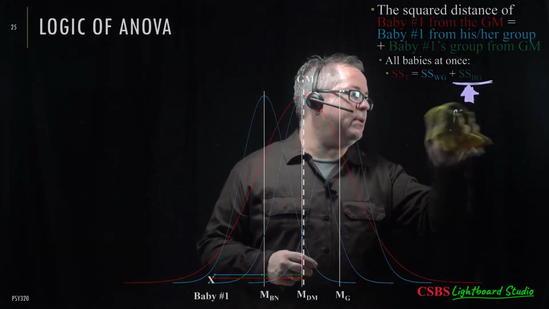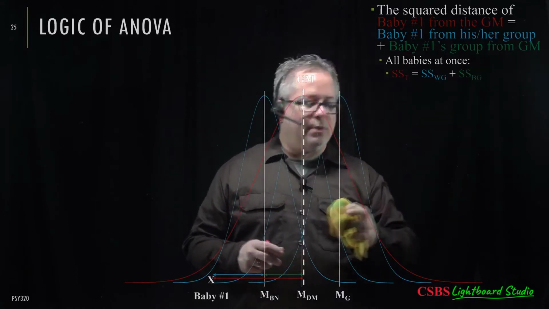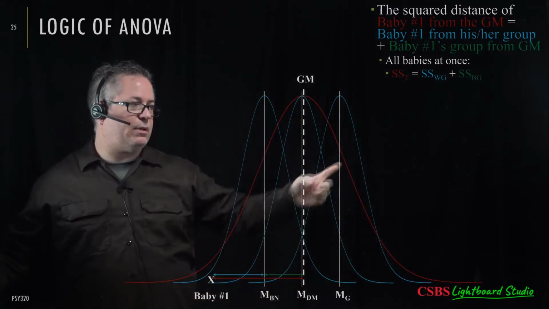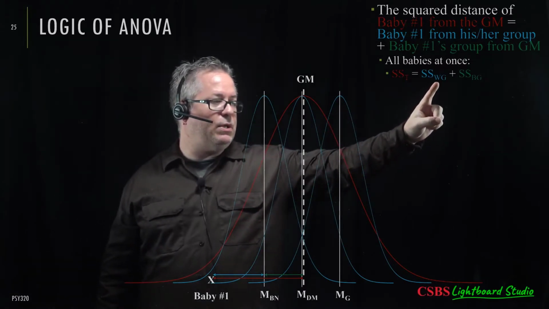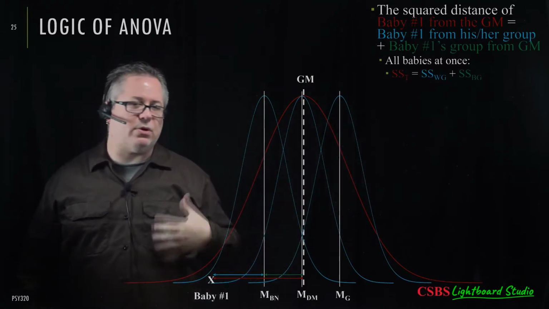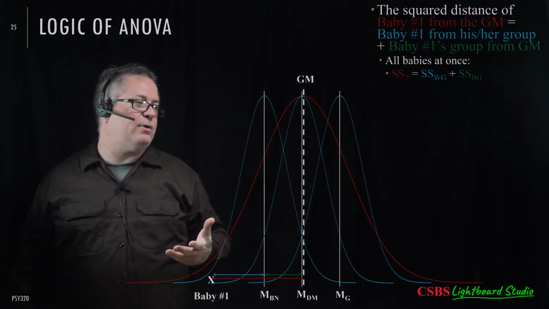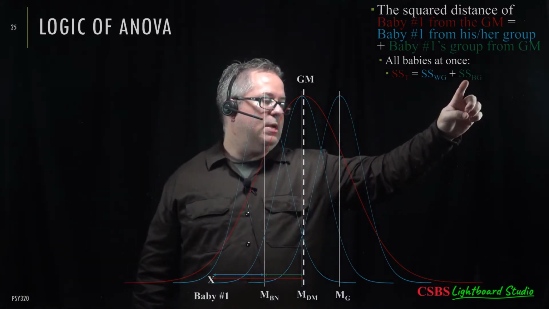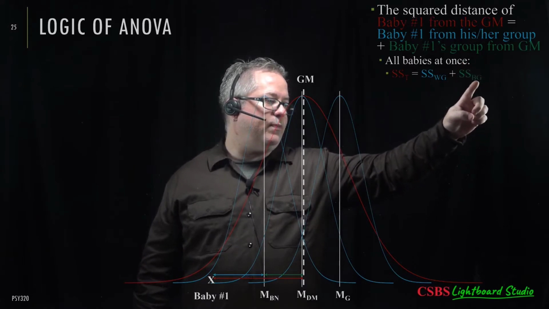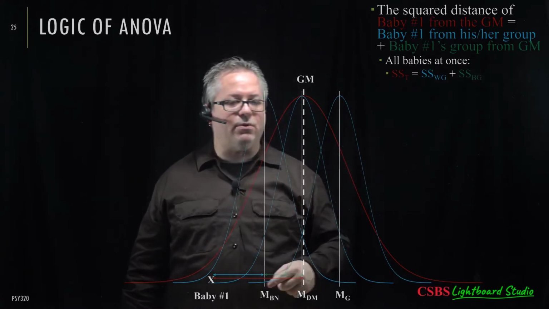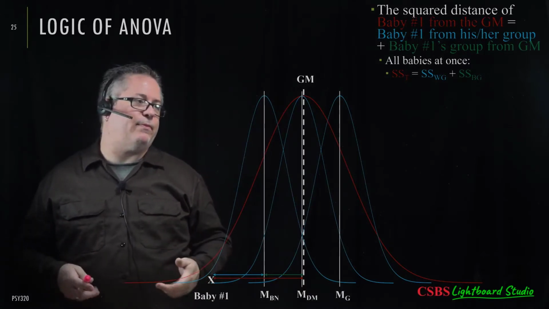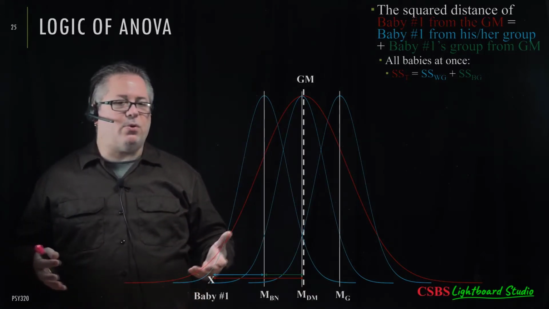So what do we do with all that information and how does it work? I just said that this within groups part is the part that we can't explain and we're going to assume is sort of like error, so we can use that to our advantage too and figure out how large the between groups variation is relative to within groups, if we assume the within groups represents random variability, random noise. And we used that before.